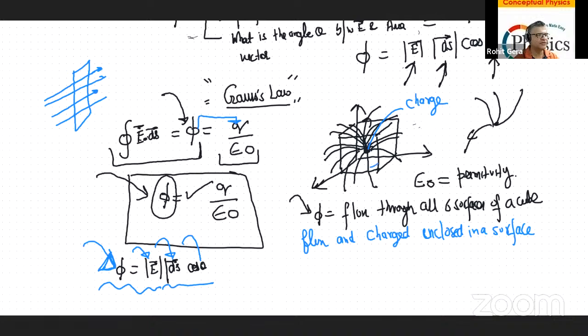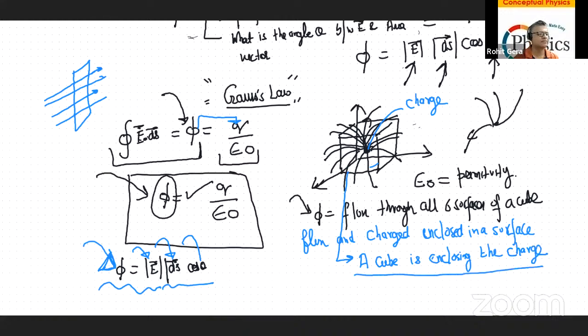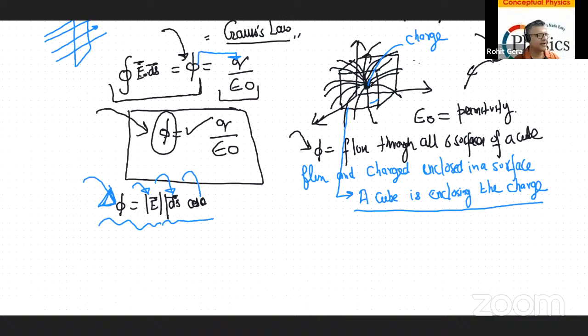Do you see that a cube is enclosing the charge? The diagram shows a cube enclosing the charge. Someone found a way and calculated the flux through all 6 surfaces of the cube.